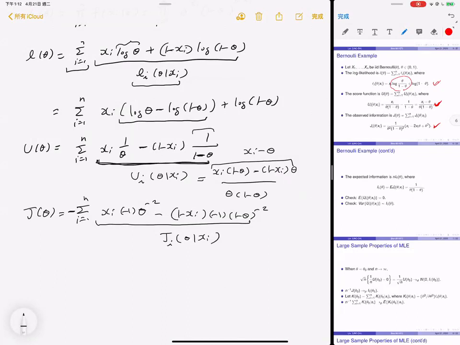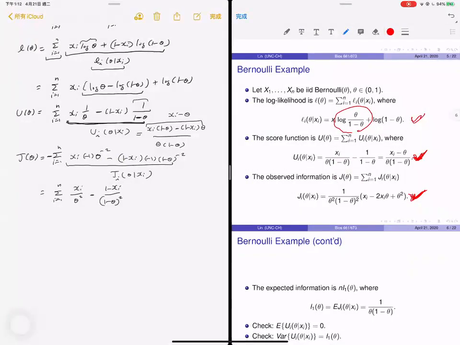So that means it eventually simplifies to the summation i from 1 to n of xi over theta squared, plus 1 minus xi over 1 minus theta squared. Of course, you can keep combining theta squared and 1 minus theta squared in the denominator, and working on the numerator, you get the answer right here. Let me skip that.